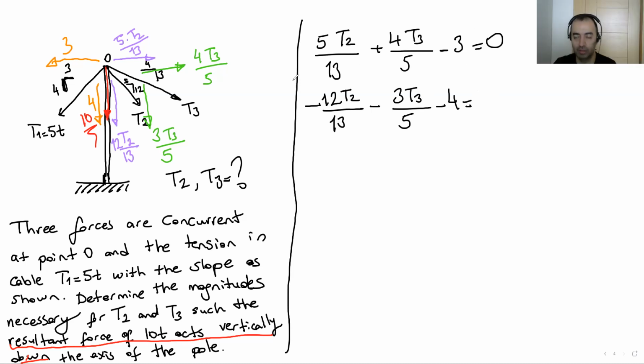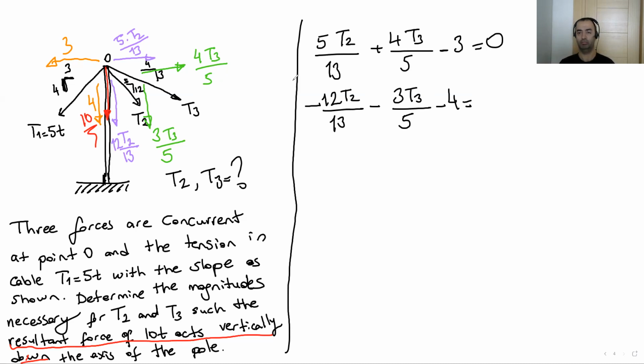In the first equation, as you can see, it equals 0. Why? The resultant force is in the vertical direction, so there is no x component of the resultant force. That's why it's 0. It's like the question we solved previously today. There is no horizontal component.